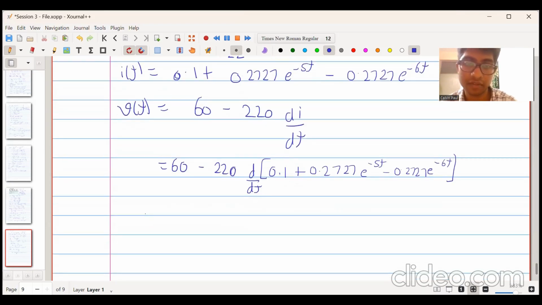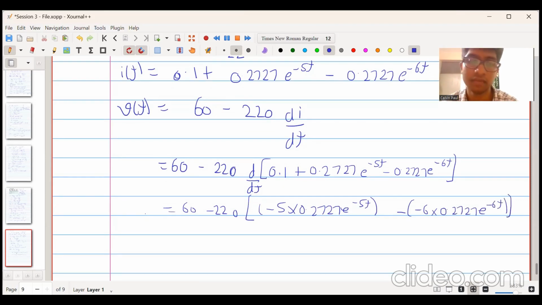So when we differentiate, we get 6t minus 220. The derivative of 0.1 is 0. Then 0.2727 e to the power minus 5t gives minus 5 into 0.2727 e to the power minus 5t. Then minus of minus 6 into 0.2727 e to the power minus 6t.